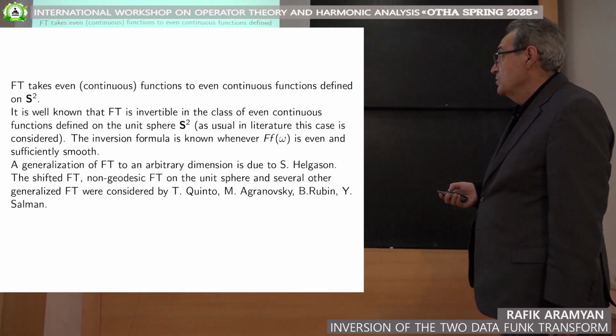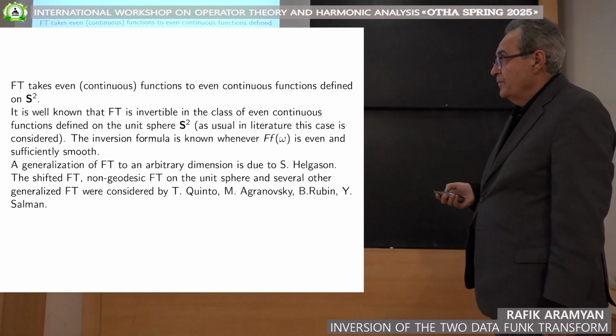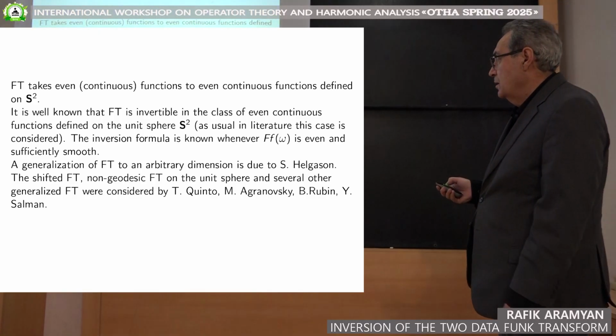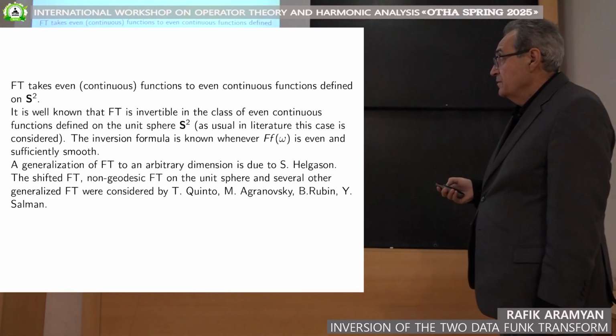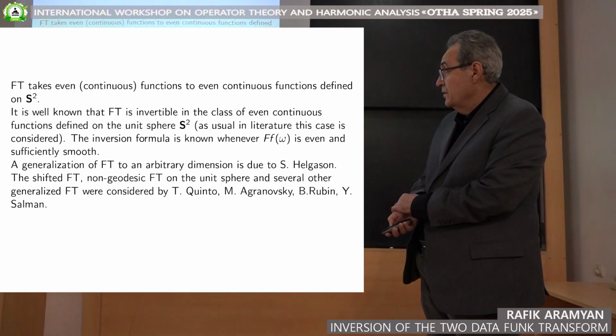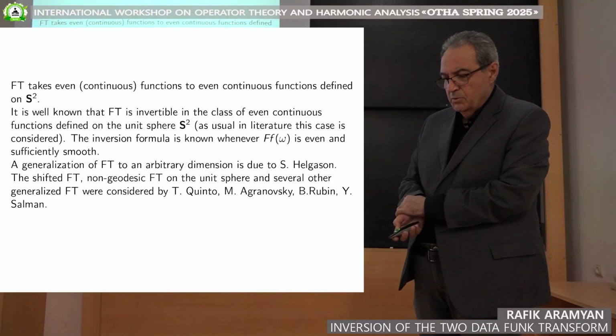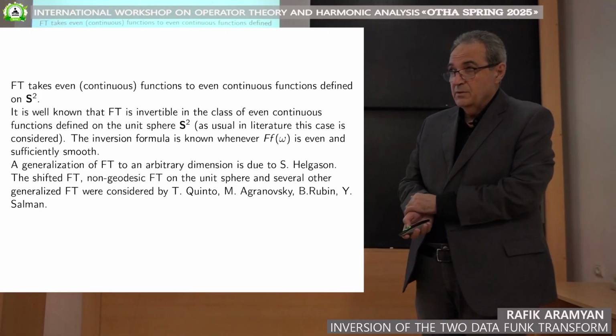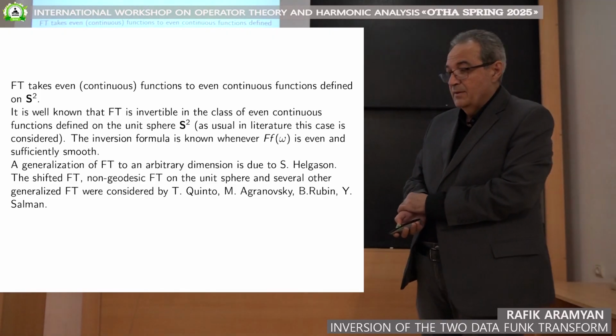The transform acts on even continuous functions defined on the sphere, and it is well known that the Funk transform is invertible. I already said, the inversion formula is known whenever f is even and sufficiently smooth. Other, Helgason, as I know, found the inversion using the Abel transform.